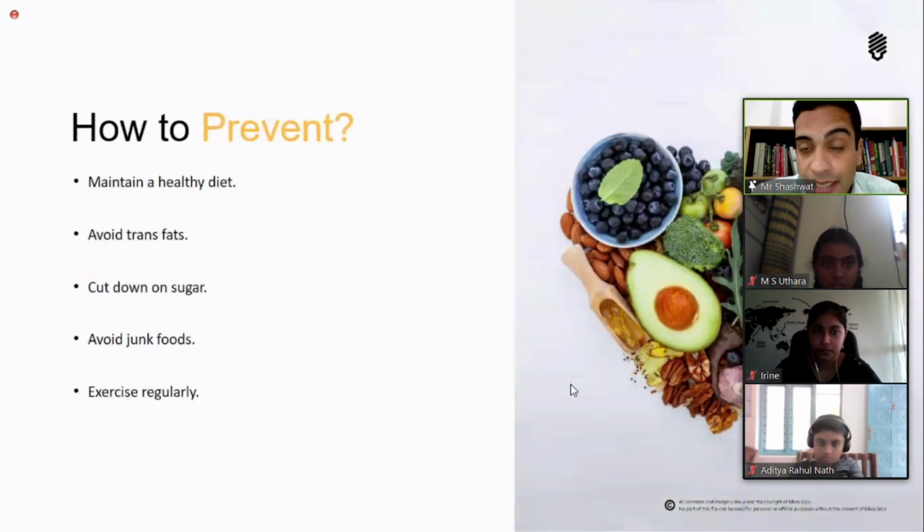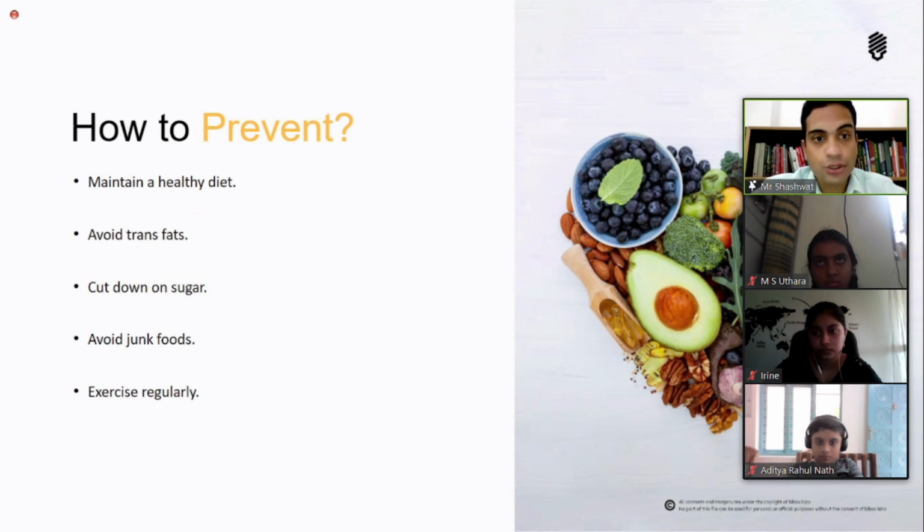Now, what can we actually do to make sure that one does not reach a point where one would require angioplasty? No one would like to go through that procedure. What we can do is maintain a healthy, balanced diet, with a proper balance between carbohydrates, fats, proteins, vitamins, and minerals.